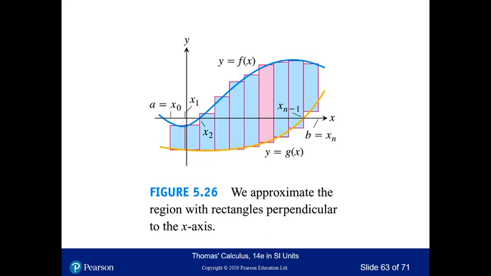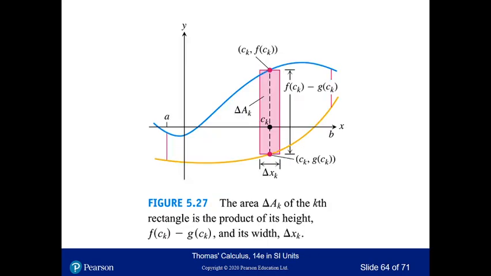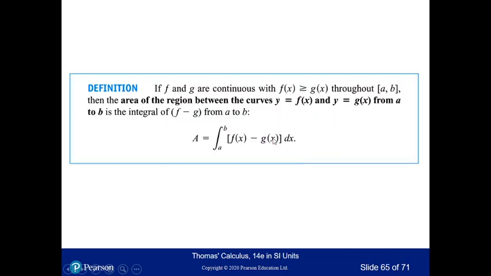We are going to divide a to b into n equal subintervals, and then we are going to start building our rectangles, and then we approximate those rectangles, take the limit of that, and we are going to get what we want. Okay, so let's see. This is just explaining what we did before. You can just choose an arbitrary ck in the interval and then get the area of one piece, one rectangle.